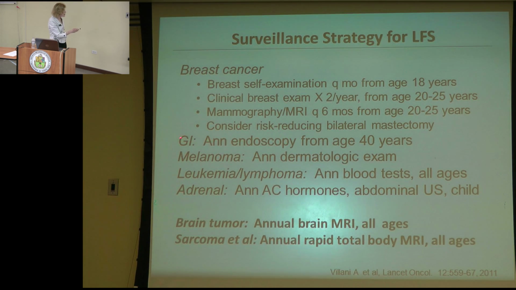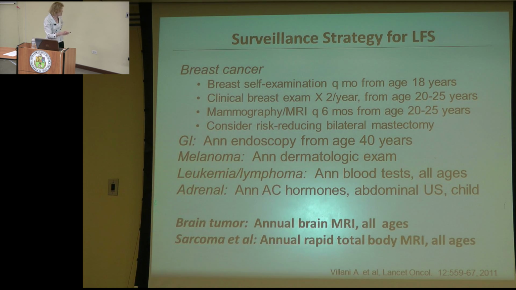Recently, even national guidelines are recommending at least colonoscopy beginning at age somewhere between 25 and 40 for colon tumors. We can always recommend annual dermatology exams to look for melanoma.